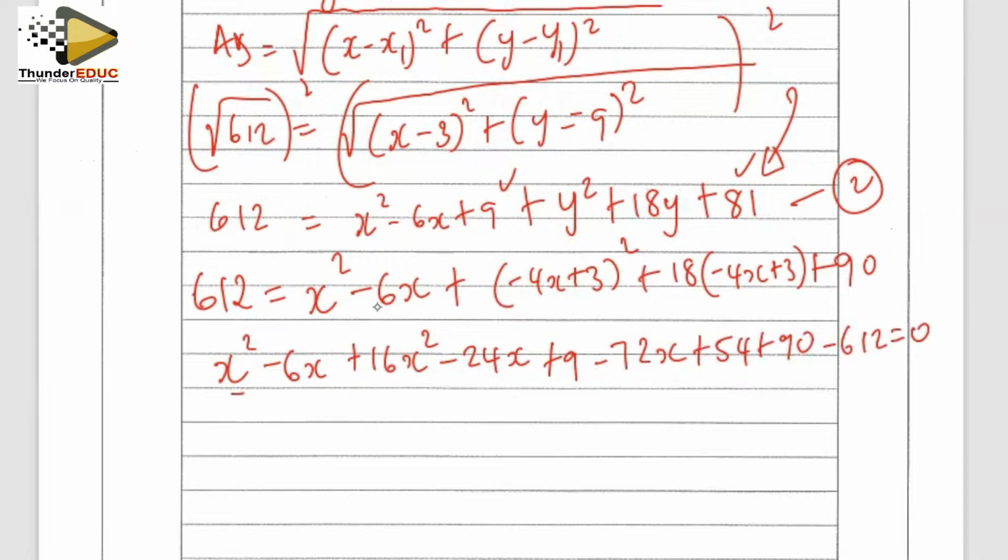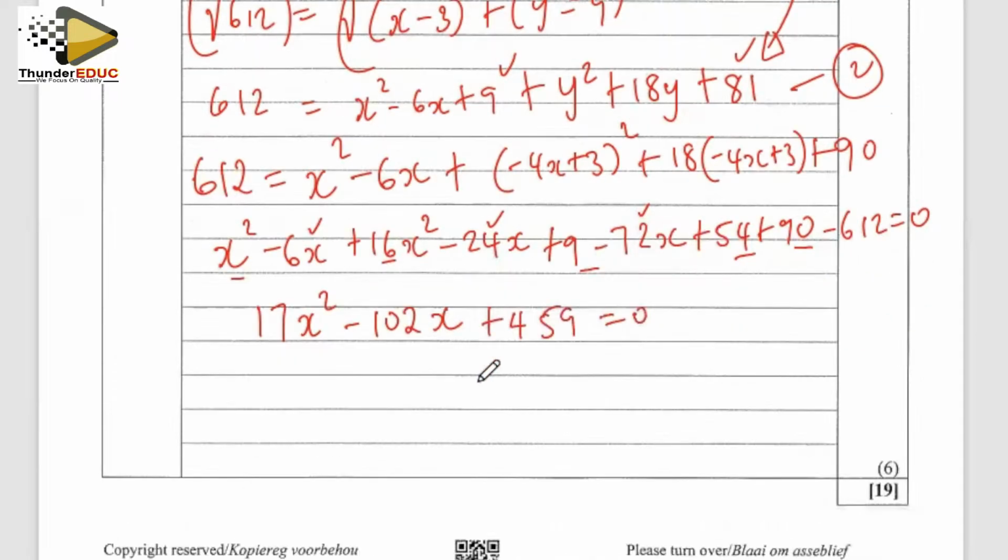So I know that X squared and that, I'll get 17X squared. Minus 6 minus that, that's minus 30, and then if I subtract that, I have -102X. Then the 9, the 54, the 90, and the 612, I'm just getting a positive 459 is equal to 0. Then all I'll do is divide through by 17.